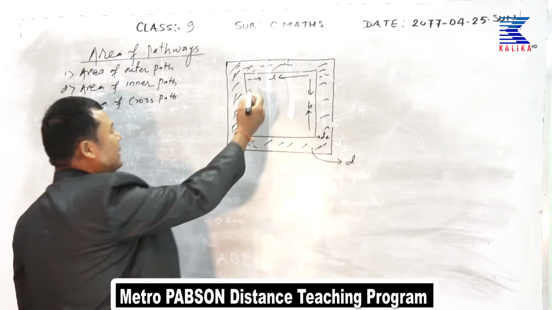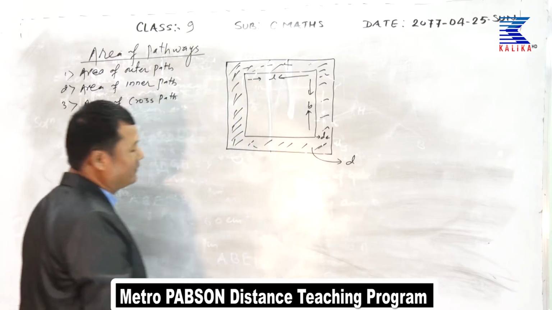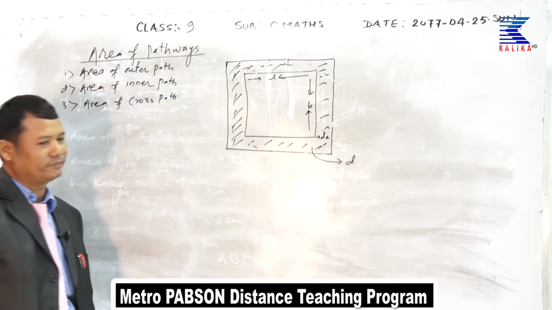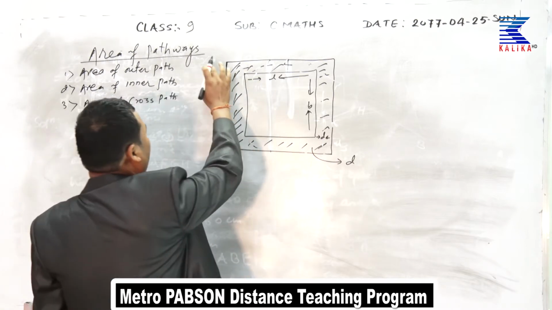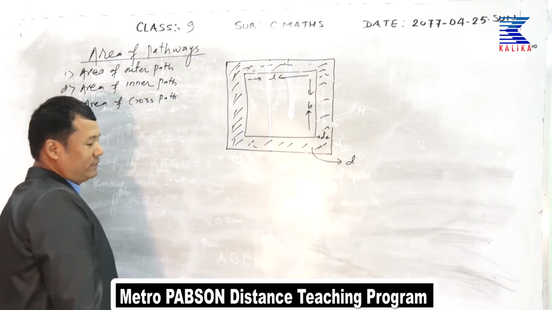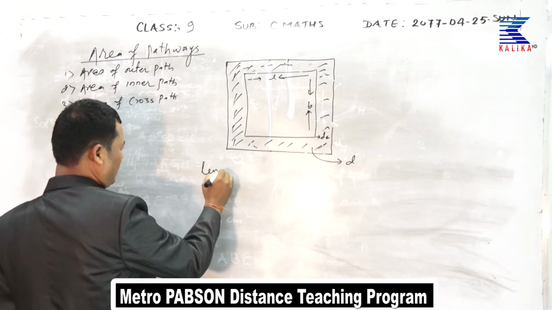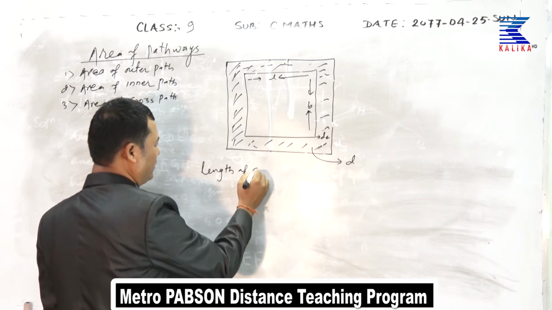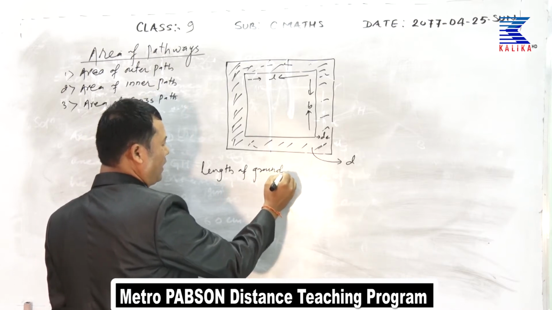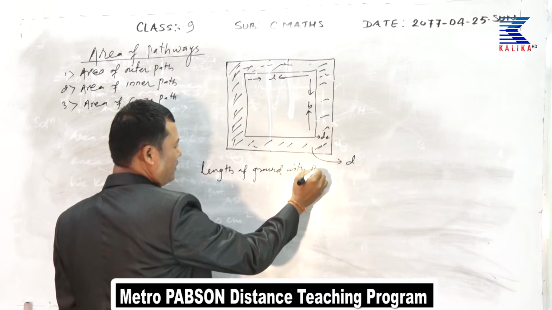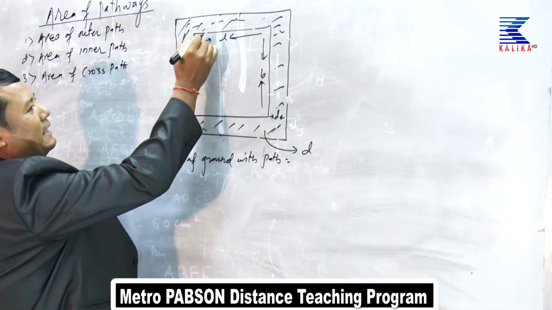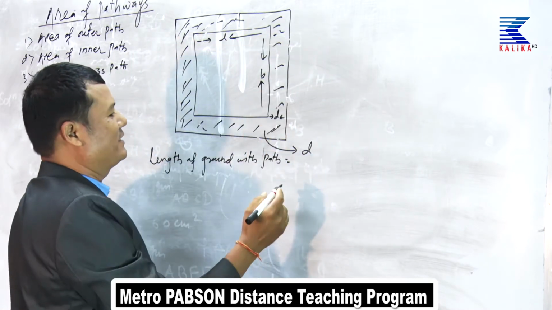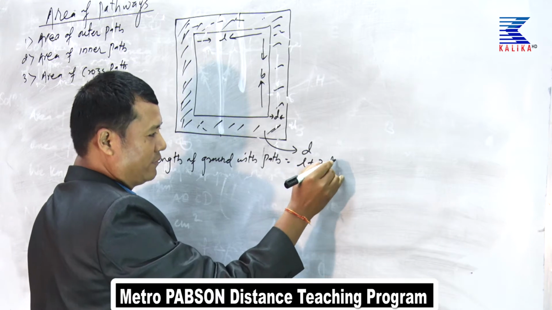And the length of the ground is L, and the length of the ground with path is L plus D, and here also D, so the total length is L plus 2D.